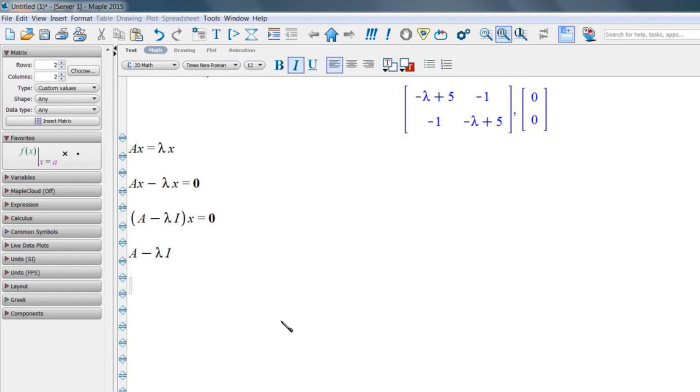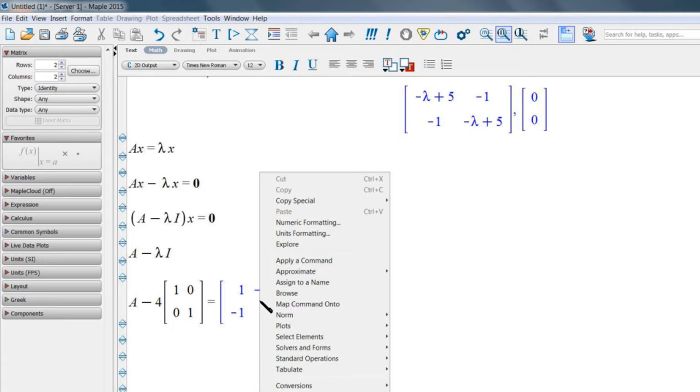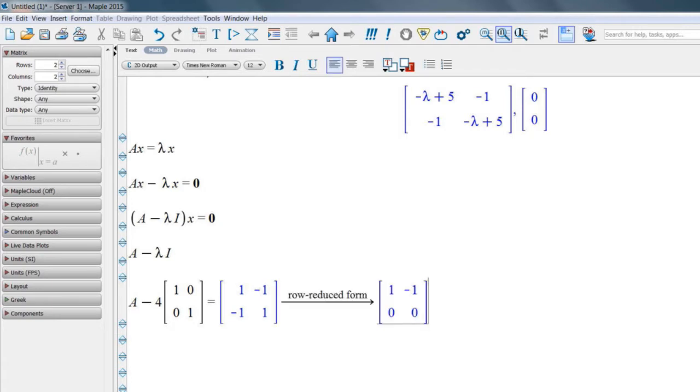In fact, let's demonstrate that. Capital A minus 4I. So I want an identity matrix, so let's put in an identity matrix. There's A minus 4I. And the next step is to row reduce that, because you're trying to solve homogeneous equations. Now, that's supposed to give you a null vector, the solution of A minus lambda I times x equals 0.